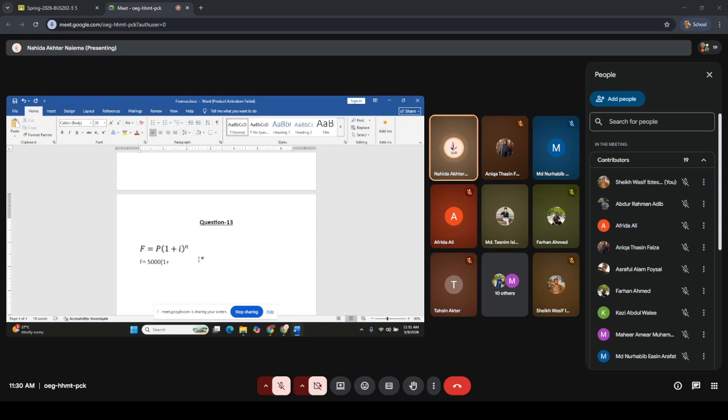If it is compounded daily, how many days are there in a year? 365, right? So I need to divide it by 365 because it is being compounded daily. Suppose here i is equal to the interest, 5.25, so 0.0525 divided by 365. What do we get?